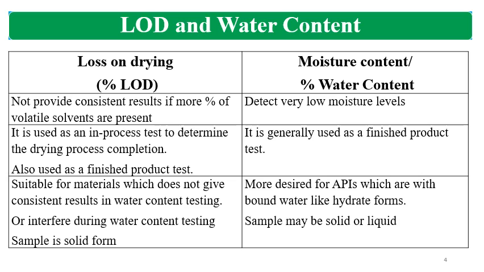Now, moisture content testing is desired for APIs which have both bound water and unbound water or hydrated forms. In loss on drying, the sample should be in solid, powder, or granular form. But in moisture content or water content testing, the sample may be solid or liquid.